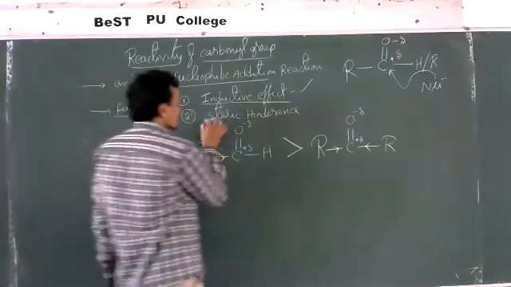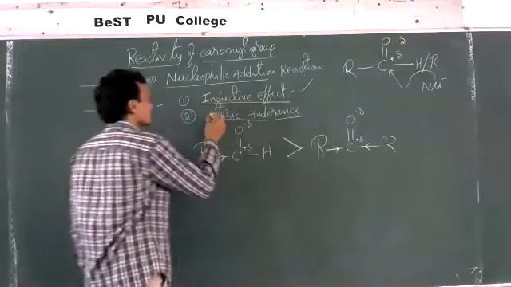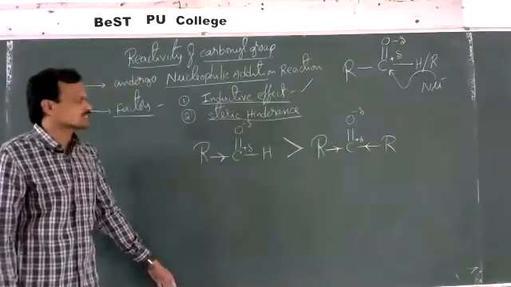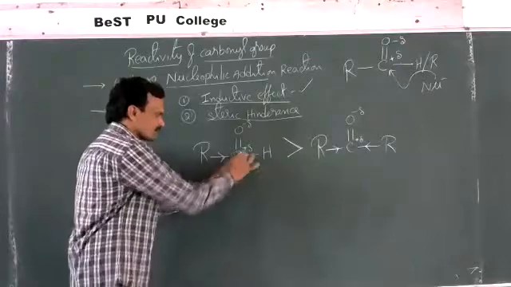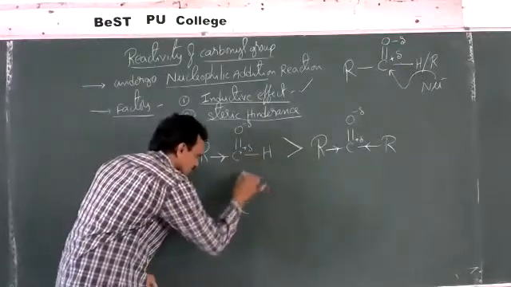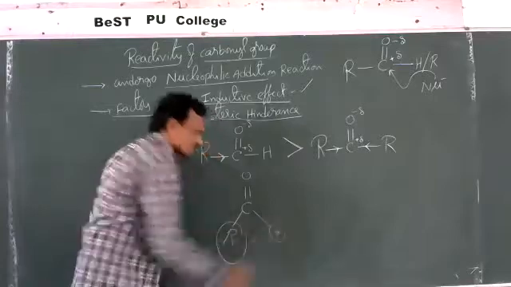Now let us see steric hindrance. What is meant by steric hindrance? Say in aldehydes, the carbonyl carbon, say like this, R and here H is there.